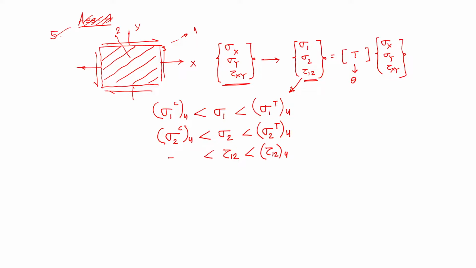It is of course independent of sign in the material axis. I have repeatedly told that. So basically, given the state of stress, you find the material axis stresses and then compare with the corresponding strength. If it is an interactive criterion, say the Tsai-Hill criterion, you just put those values in that expression, and if it is less than 1, it is safe. If it is equal to 1 or greater than 1, it is not safe.